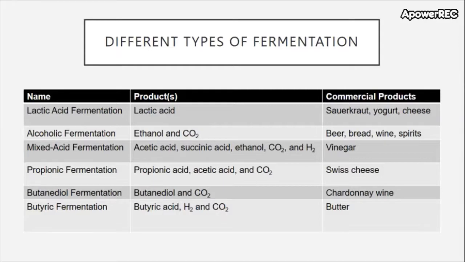This is used in producing Chardonnay wine, which gives that characteristic Chardonnay flavor. And finally, we have butyric fermentation, which makes butyric acid, H2, and CO2. And butyric acid, as its name is derived, has a buttery flavor to it.